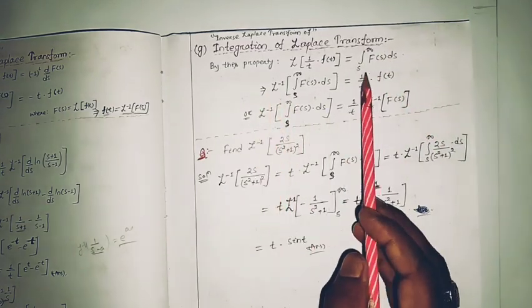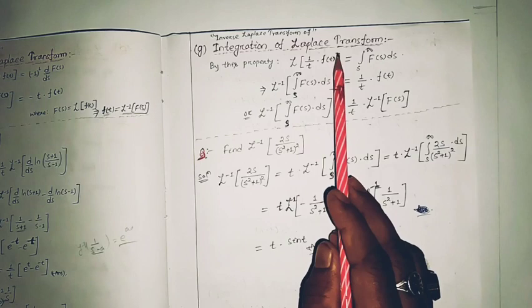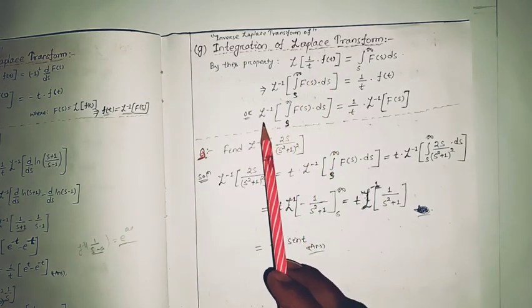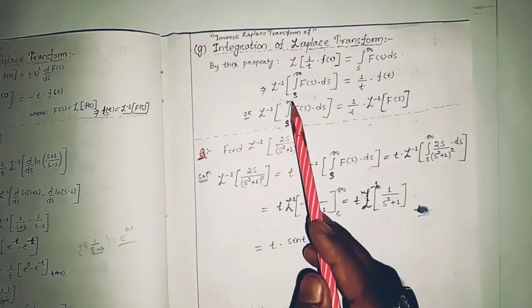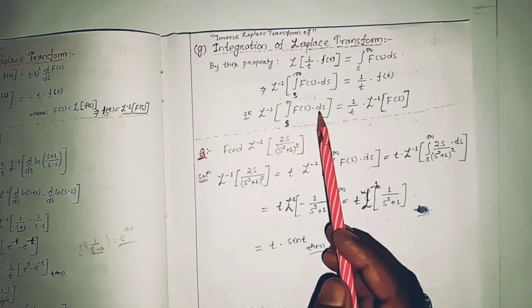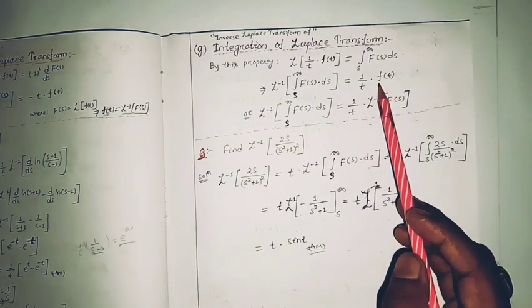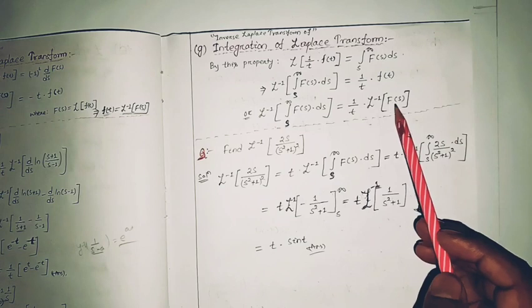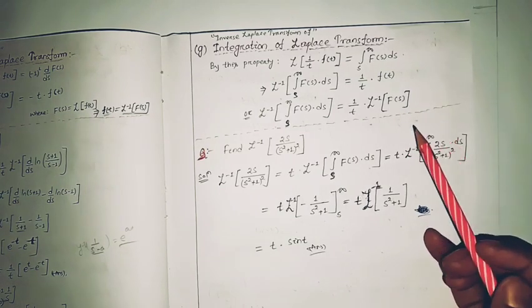So that implies the inverse Laplace transform of this one will be equal to this one, or we can write the inverse Laplace transform of the integral from s to infinity of capital F of s ds will be equal to 1 by t into f of t. This f of t is nothing but the inverse Laplace transform of capital F of s, we know.